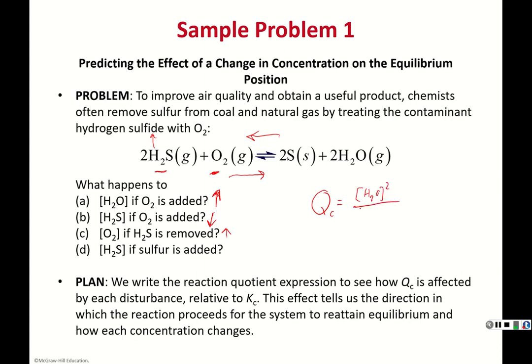But remember, it's only things that are not pure solids or pure liquids. That's squared. Right? So the sulfur solid does not factor in. Okay, so if we add more of that, its concentration doesn't change because it's a pure solid. Right? So it has no effect. So in this case, nothing would happen.